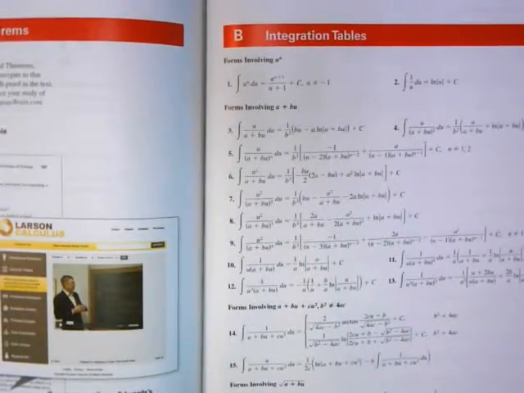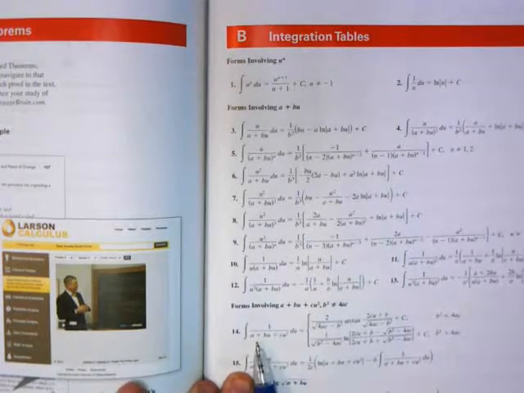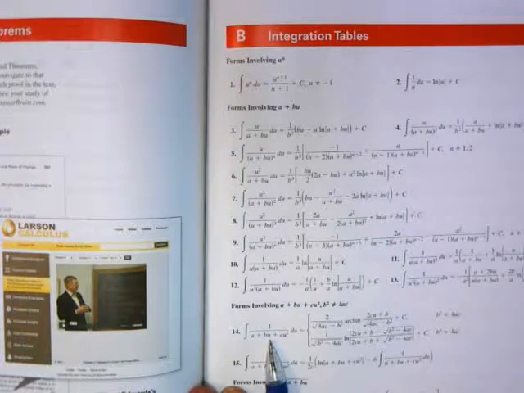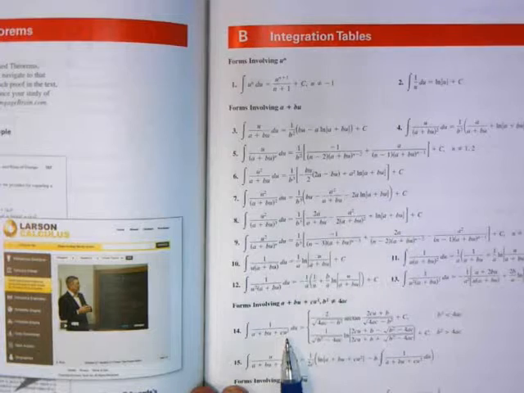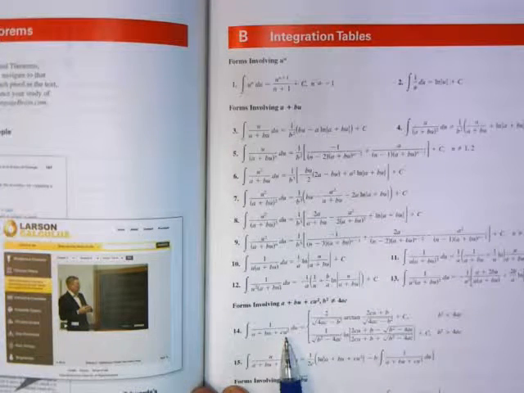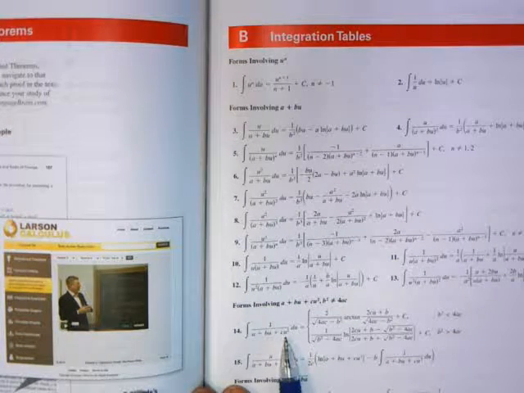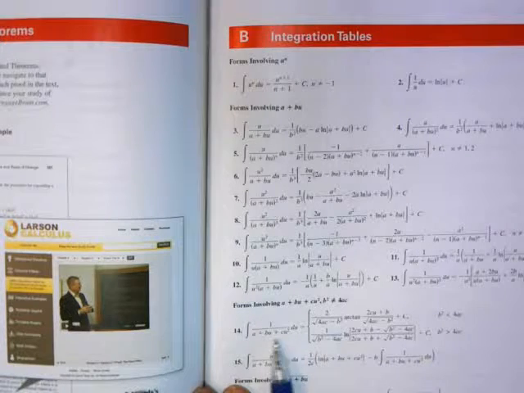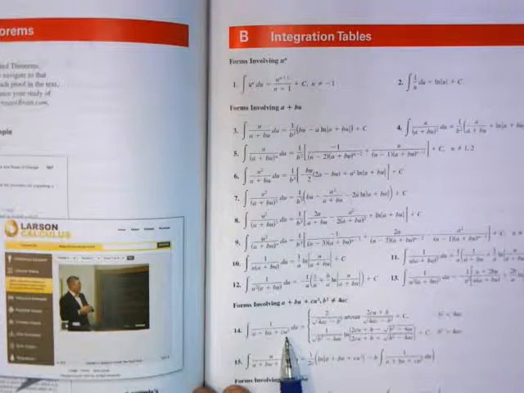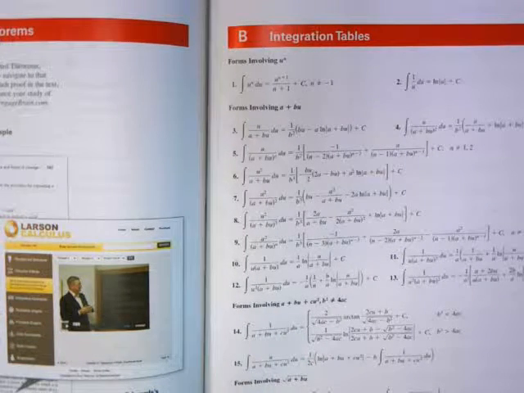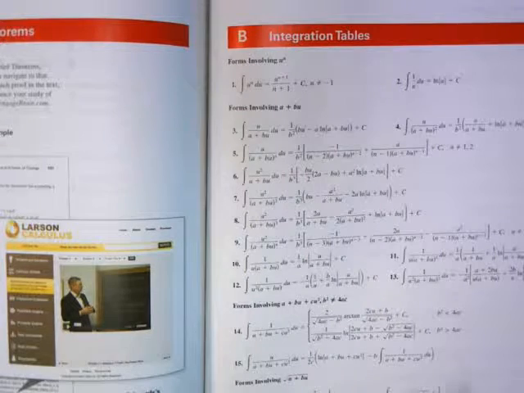How about 1 over a plus bu plus cu squared? That's number 14. And in our case, c is the number 1. And we get 2 different potential answers depending on if b squared is less than 4ac or if b squared is greater than 4ac.